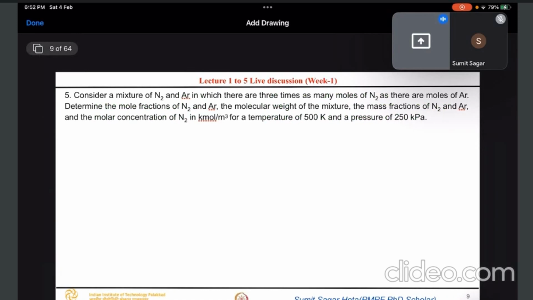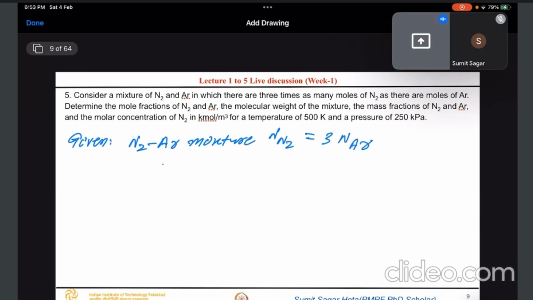In this question, what are the things given? We just write down. N2 and argon mixture is there with number of moles of N2 equal to 3 times the number of moles of argon.